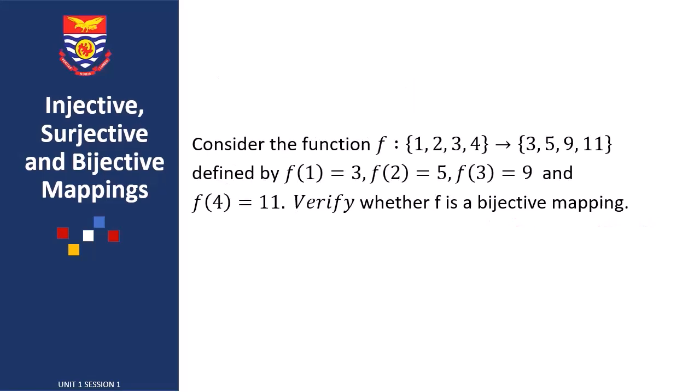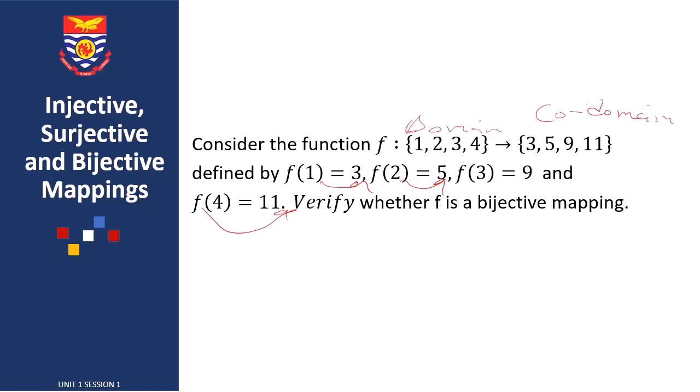Next, for example, let's see this function. You can see that I have the domain here. Function f has this domain, and these are the codomain or the set of all images. So 1 has image 1, 3, 2 has image 3, 5, 3 has image 9, and 4 has image 11. Verify whether f is a bijective mapping.